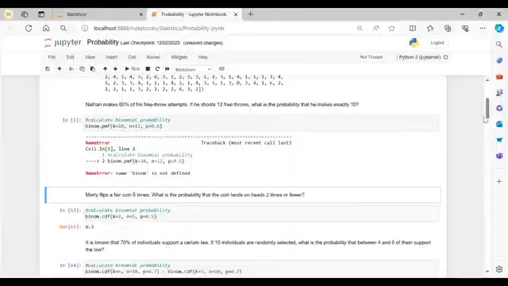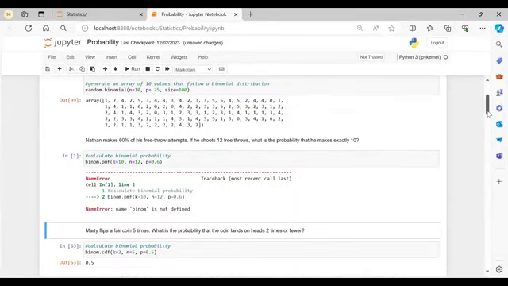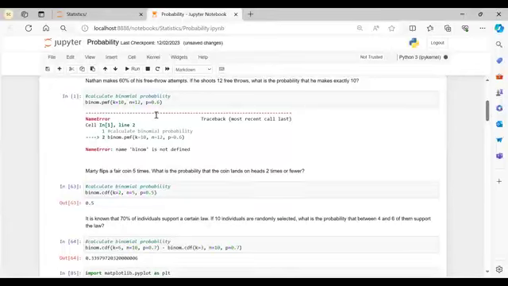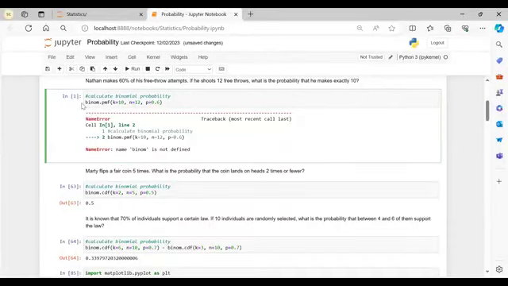So I'm getting an error. The error is because I haven't loaded these packages. So let me load this package. When you get this kind of error, the NameError, what it means is name binom is not defined. That means this particular Python program is not identifying what this binom is.